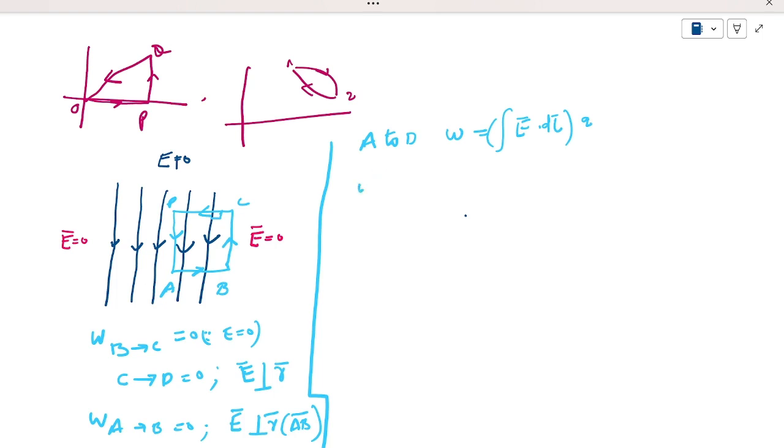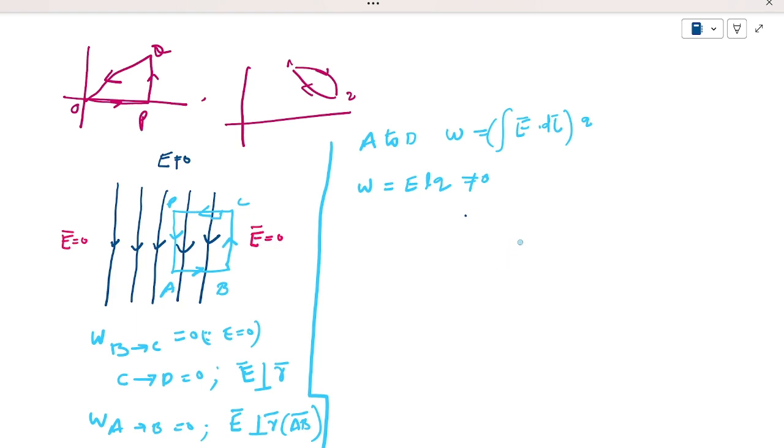Therefore the work done is equal to QE times L, which is not equal to 0. That means in this case the electric field is non-conservative. I hope you understand this.